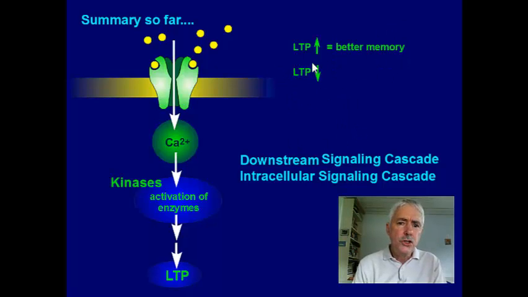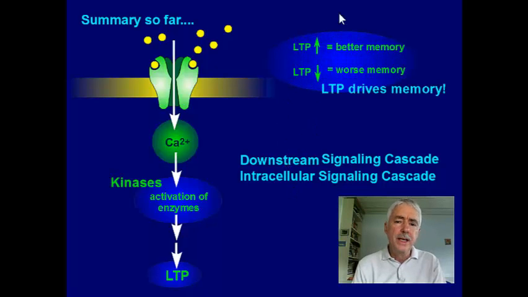Likewise, any treatment you give an animal that decreases LTP, we've seen two examples here, the receptor blocker and also the gene knockout, inevitably leads to worse memory. And because of this observation, LTP is generally considered to be driving the memory.